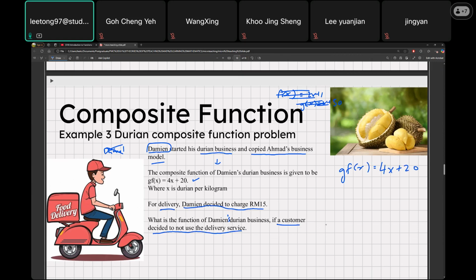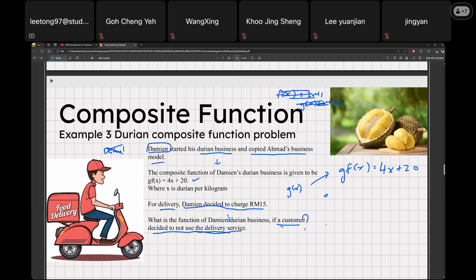What is this question asking? Customer decides not to use delivery service, which means g(x) must be removed from this composite function. So how do we split them up?